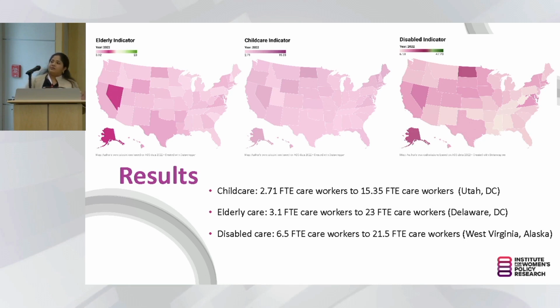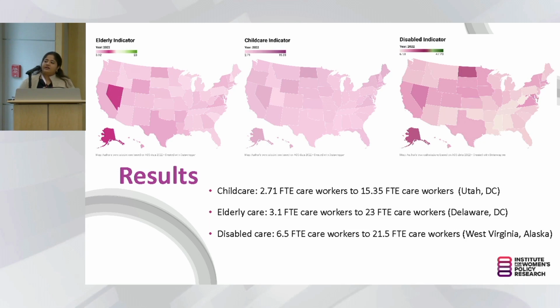So let's talk about that a little bit. We start off with childcare, and we see that the lower bound is roughly 2.7 full-time equivalent childcare workers available per 100 children who would require care, in the state of Utah, and the upper bound goes to around 15.4 full-time equivalent care workers, in DC.